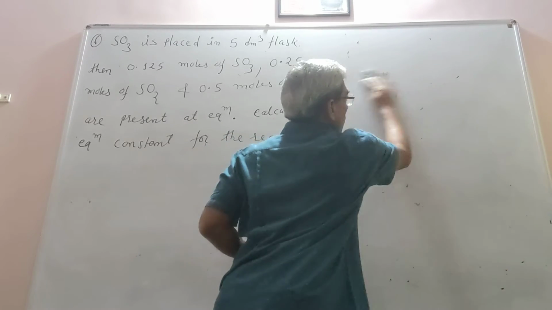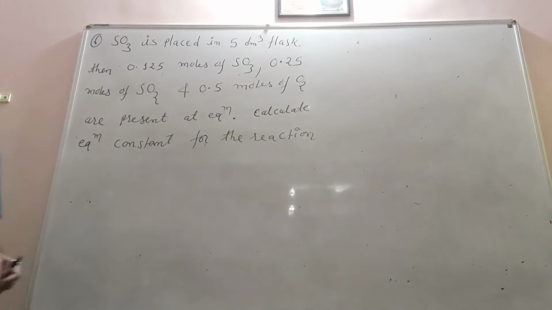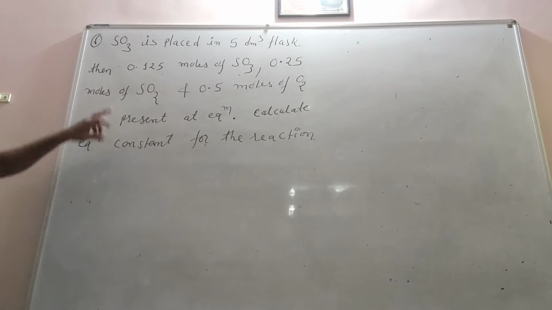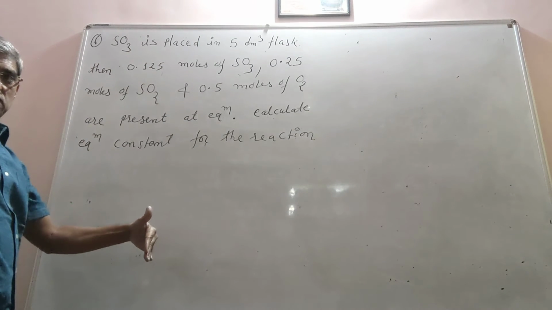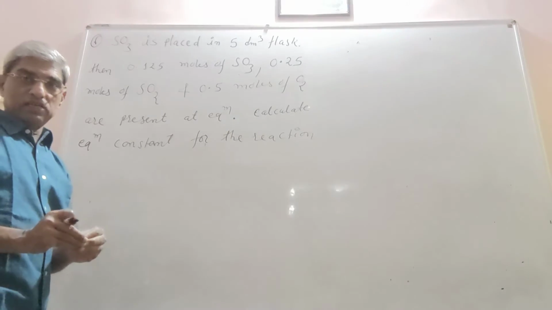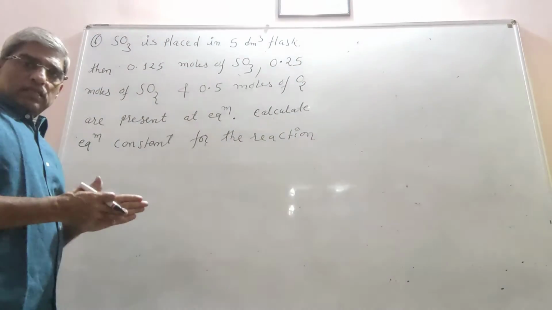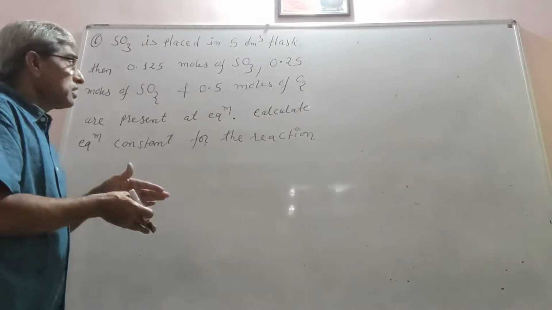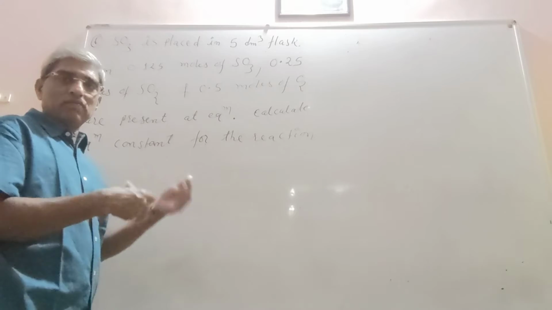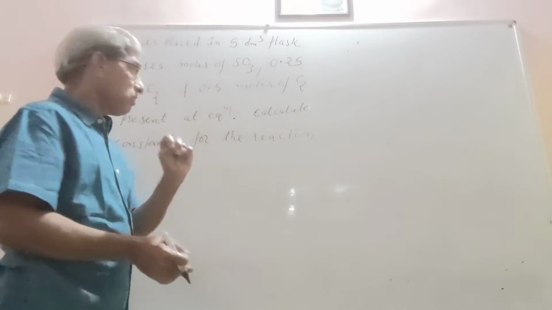Now, concentrative version, this numerical. SO3 is placed in a 5 dm cube flask. Means the reactant is known. Reactant is SO3. Then the reaction started, SO3 decomposed. After decomposition, once the reaction equilibrium is established, two products are formed.